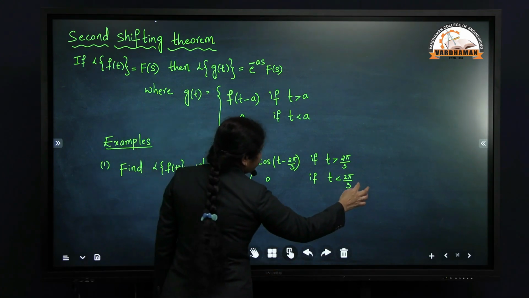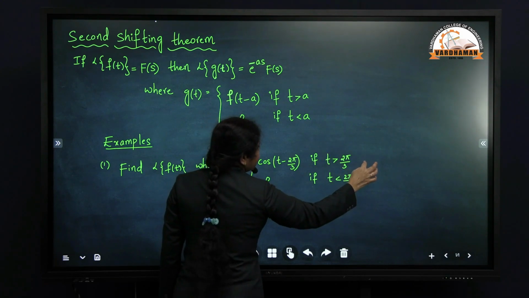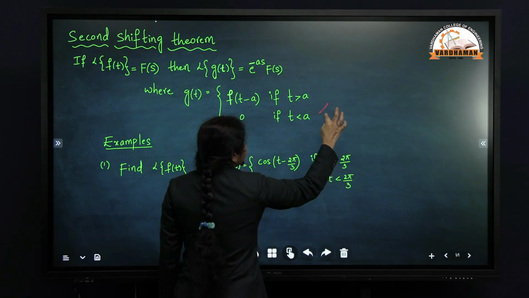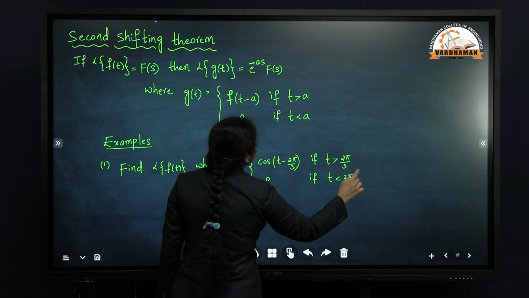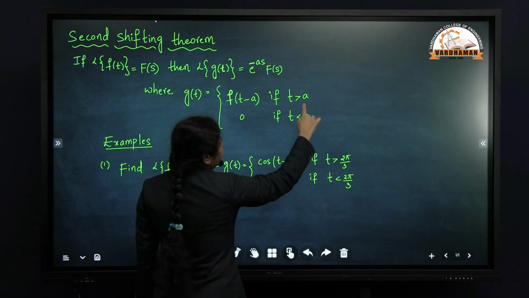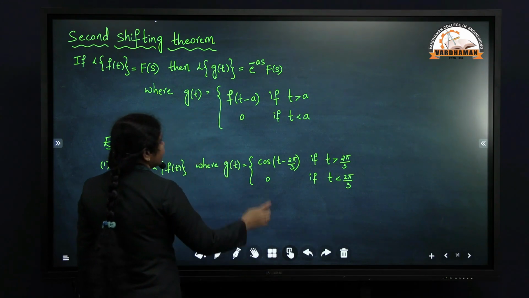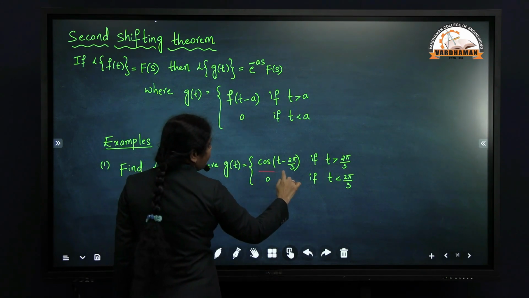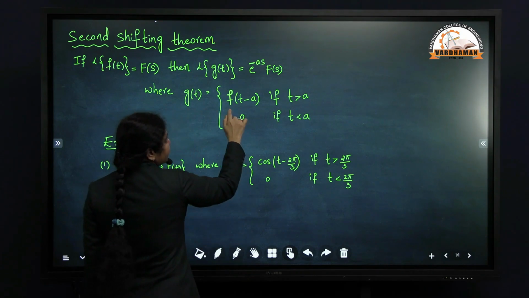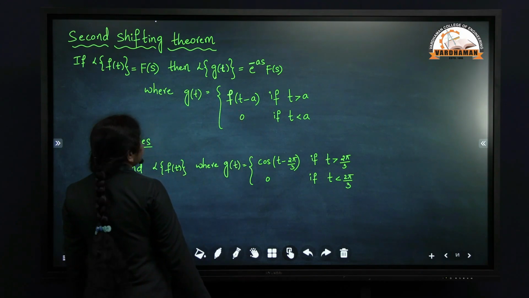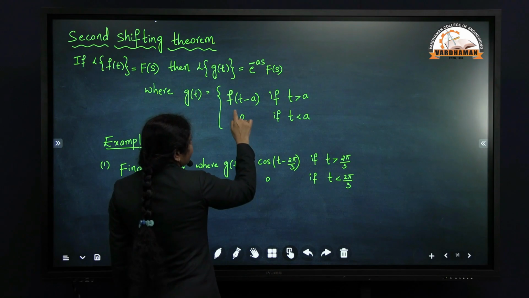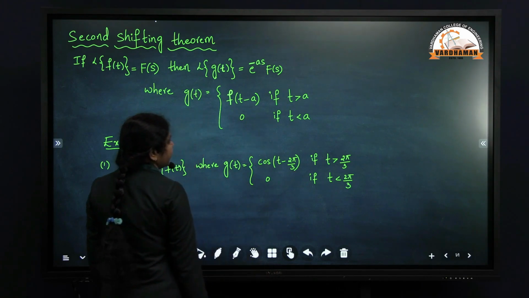So we need to compare this example with the second shifting theorem. Here in this question, a is nothing but 2 pi by 3. So here we have cos t minus 2 pi by 3 in place of f of t minus a in second shifting theorem. So from this we can write f of t.